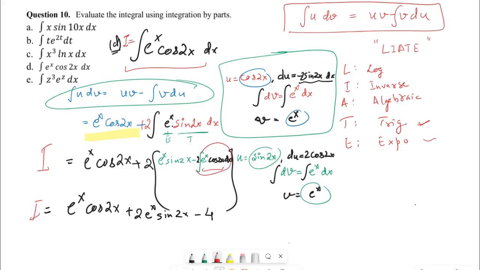This whole thing is named as I, right? This is where I started from. Now I have 4I here, I here. I'm going to take 4I on the other side. I plus 4I is equal to e^x cosine 2x plus 2e^x sine 2x.